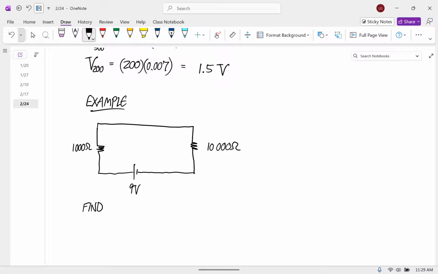What we want to do is find the voltage with the polarity. So that's which side is positive and which side is negative.